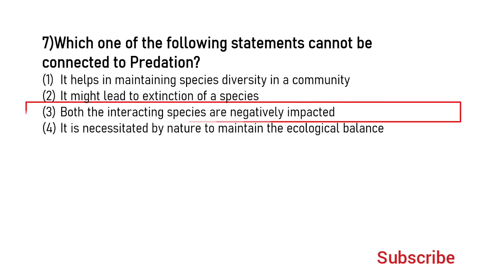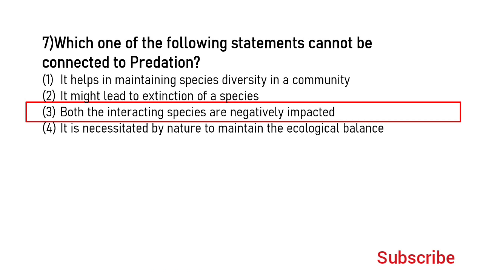So, the right answer will be third, both the interacting species are negatively impacted. See, one of the species in predation gains benefit at the expense of the other, as we all know. Predators help in maintaining species diversity in a community by reducing the intensity of competition among competing prey species.